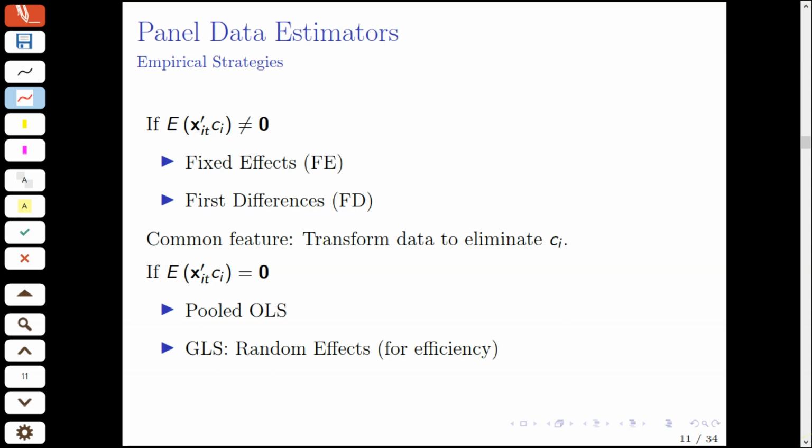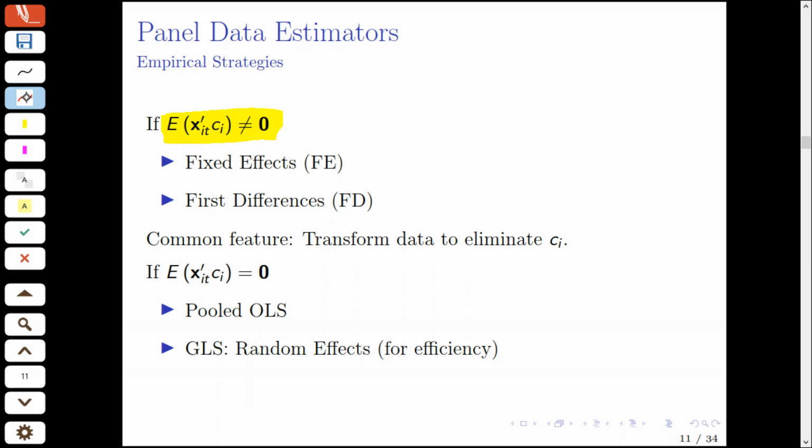Since pooled OLS is not necessarily the best idea, we'll discuss various panel data estimators which rely on various empirical strategies. These estimators can roughly be divided into whether or not they believe in the previous assumption. Now, if we don't believe in it, which is to say that we don't believe the regressors are uncorrelated with the individual effect, then we arrive at estimators called the fixed effect estimators and the first difference estimators.